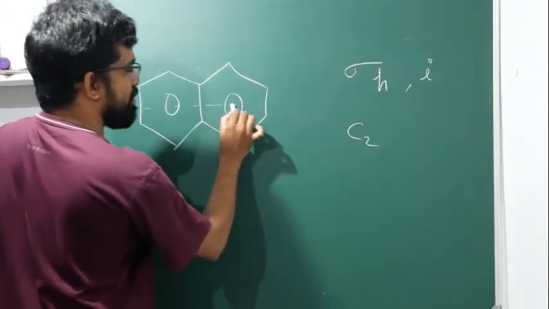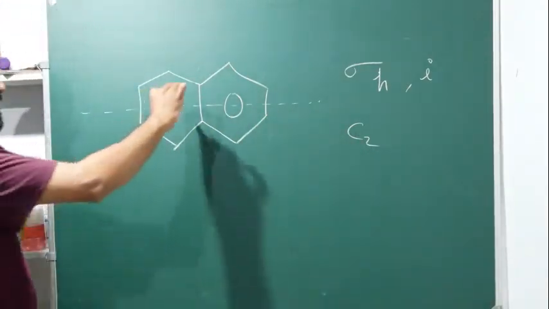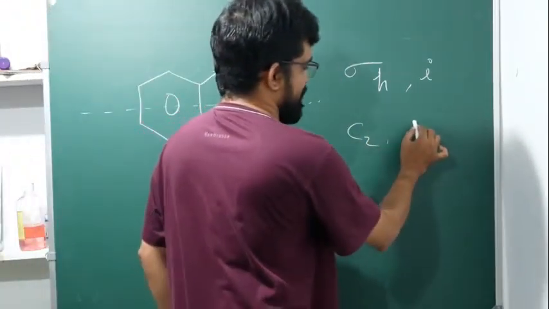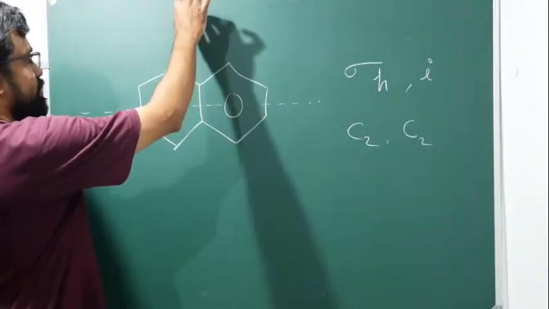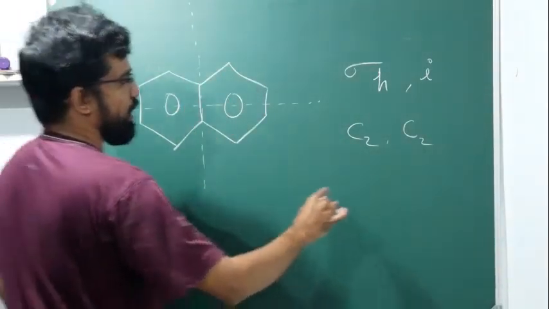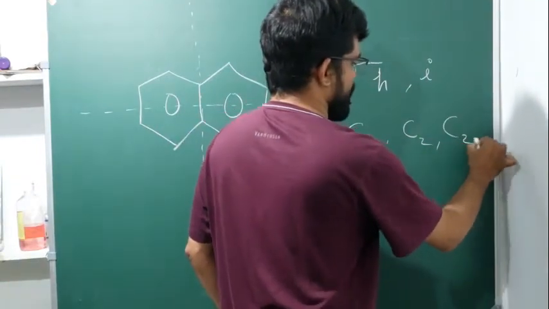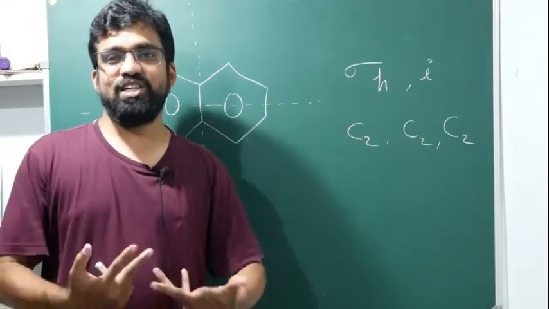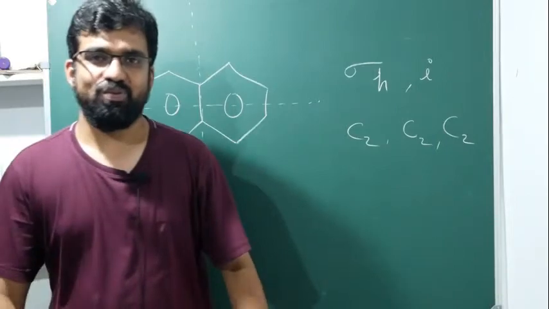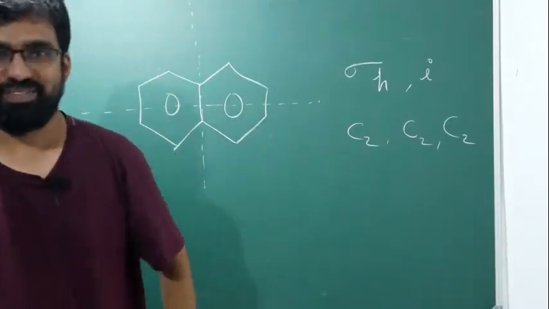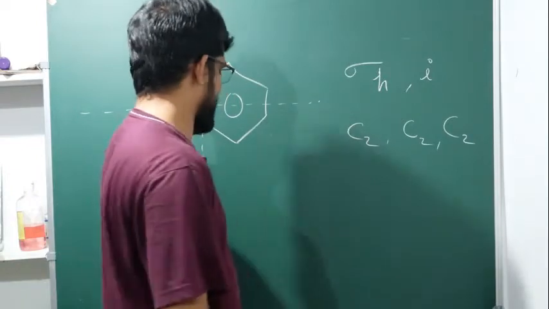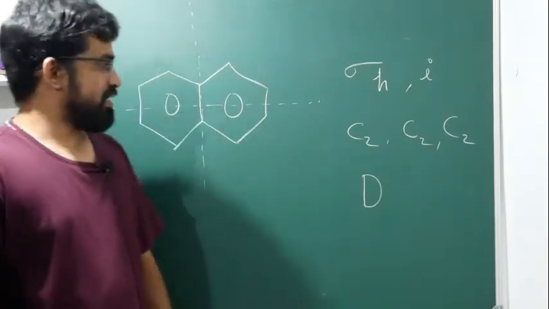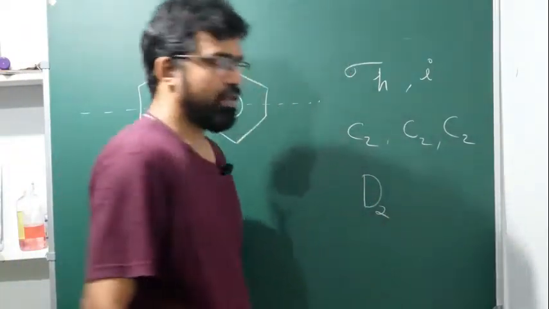Along this direction, which is Z, and this is X, another C2 is there, and another C2 along the Y. So it has C2 and 2 C2s, that is Cn and nC2, which is D. D2.